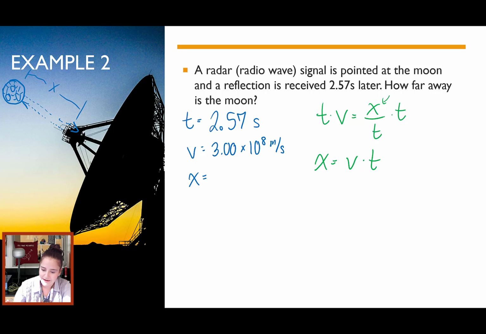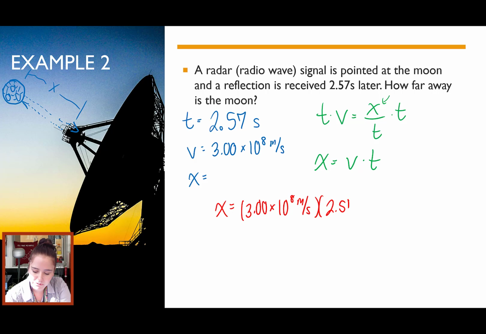I'm ready to plug in. x equals my velocity, 3.00 times 10 to the 8th meters per second times 2.57 seconds. That's 3 times 10 to the 8th times 2.57, which gives me 7.71 times 10 to the 8th meters.